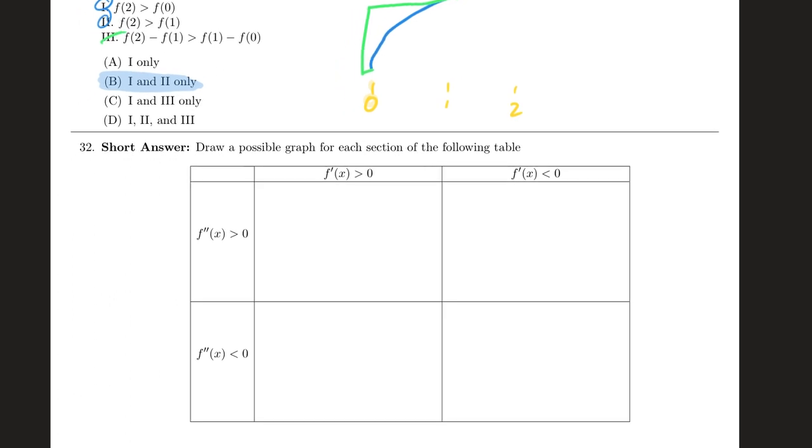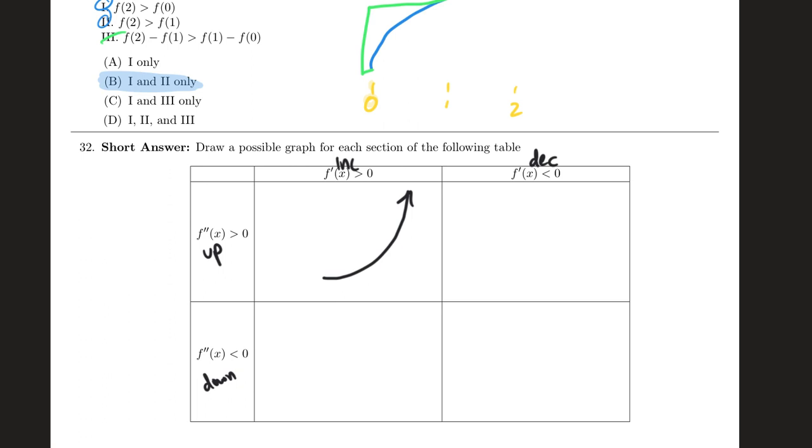And then the short answer, I draw a possible graph for each of these things. All right, if I'm concave up, concave down, this means I'm increasing, and this means I'm decreasing. So first derivative, increasing and decreasing. Second derivative, concave up and concave down. So if I'm concave up and increasing, that is the right side of the cup.